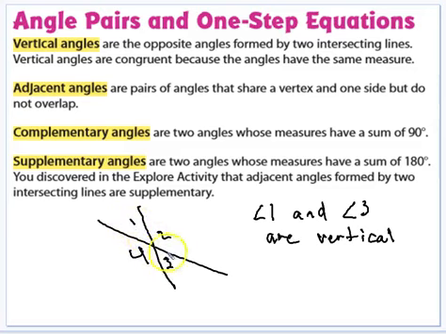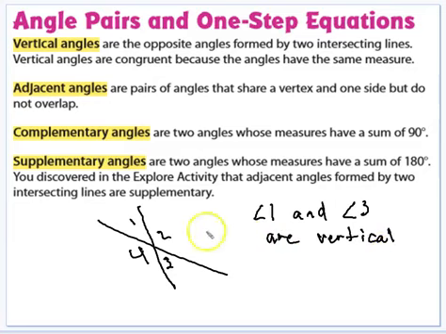They are opposite angles. You see, they're not next to each other. 1 is the opposite of 3. It's across from it, so they have the same measure. Well, maybe not in this exact picture, but in an actually drawn picture, they would be across and have the same exact angle. 1 and 3 are congruent. They're opposites, so they are vertical.